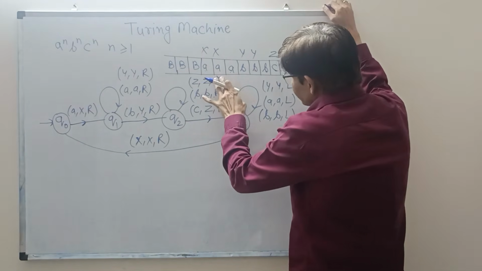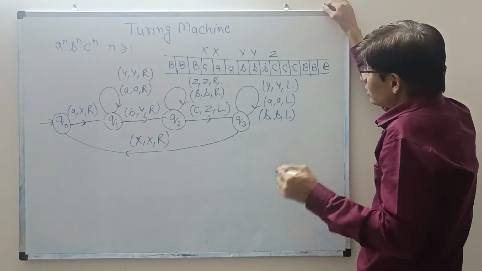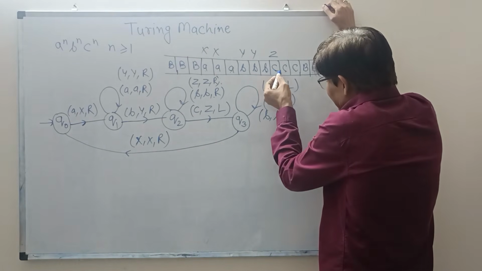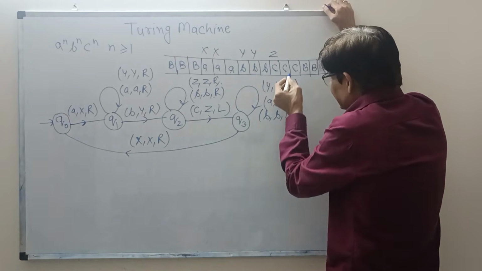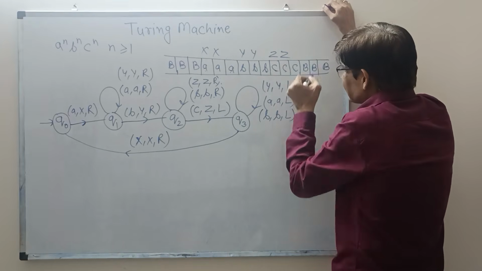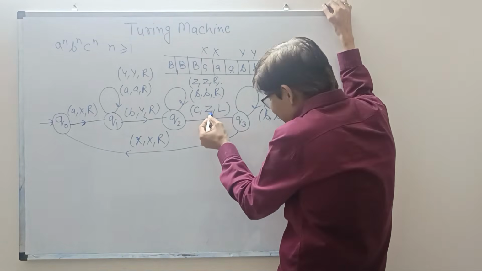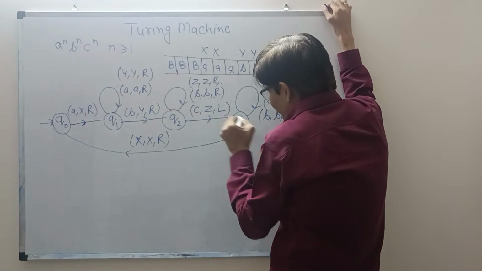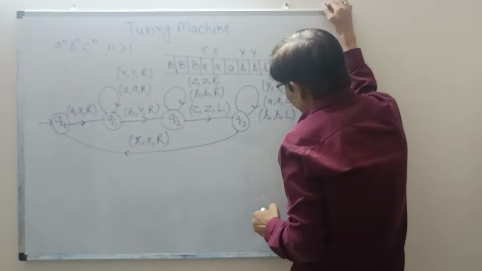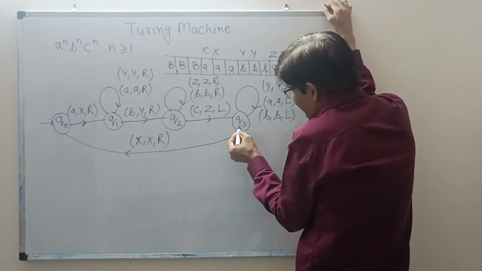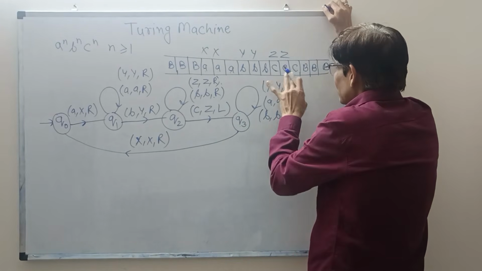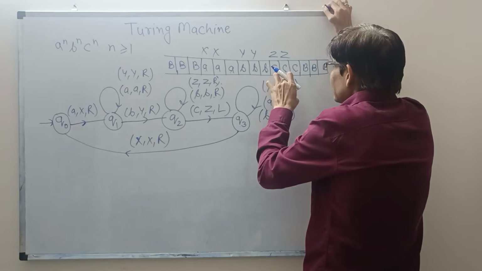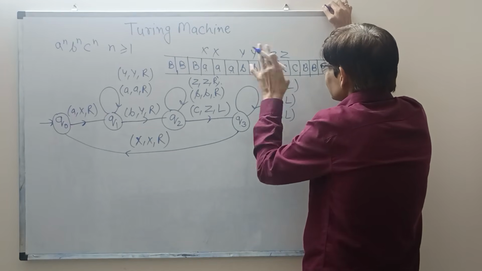Now on Q2, you will get this C. So you will convert this C into Z, start moving towards left, and change your state to Q3. So now you are on Q3 and moving towards left.